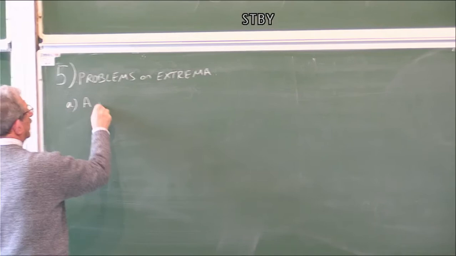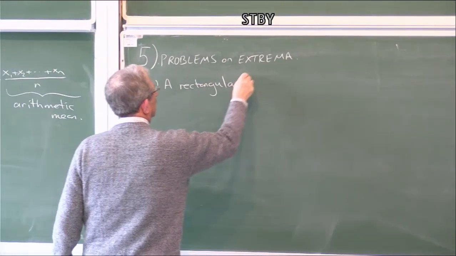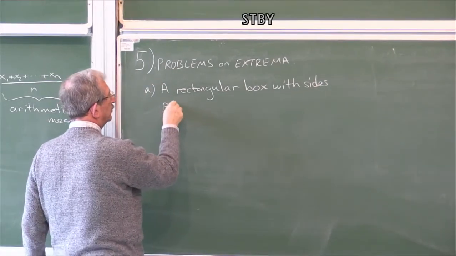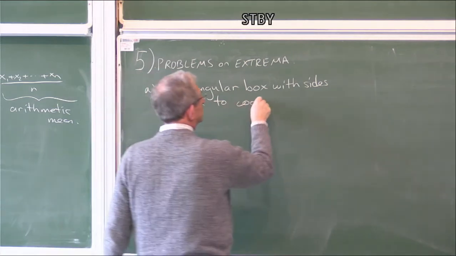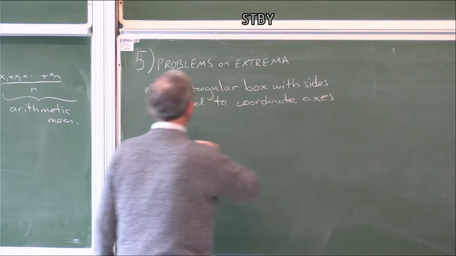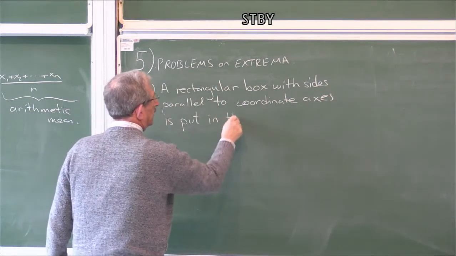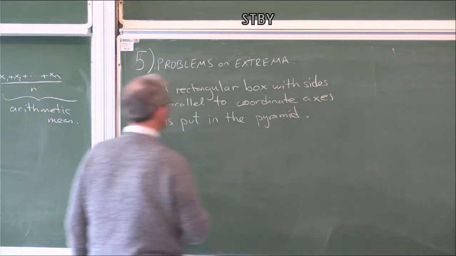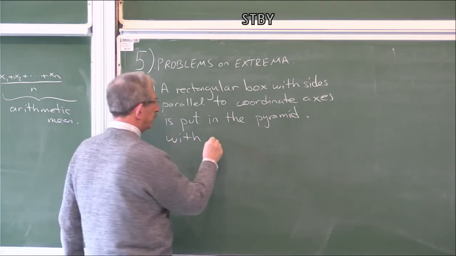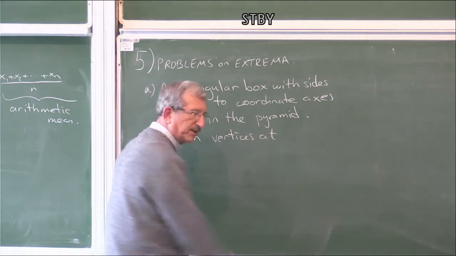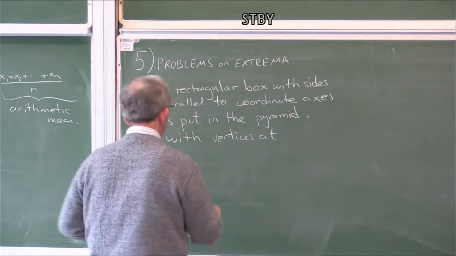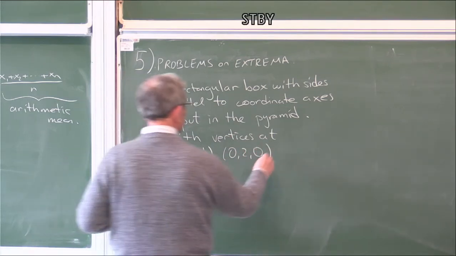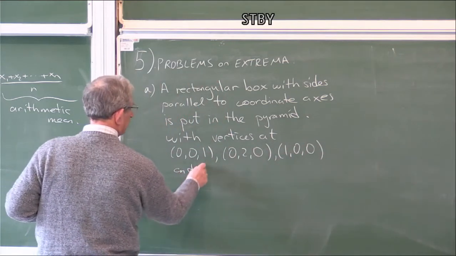A rectangular box with sides parallel to coordinate axes is put in the tetrahedron, but it's better known as a pyramid, with vertices at the following points, namely (0, 0, 1), (0, 2, 0), (1, 0, 0), and (0, 0, 0).